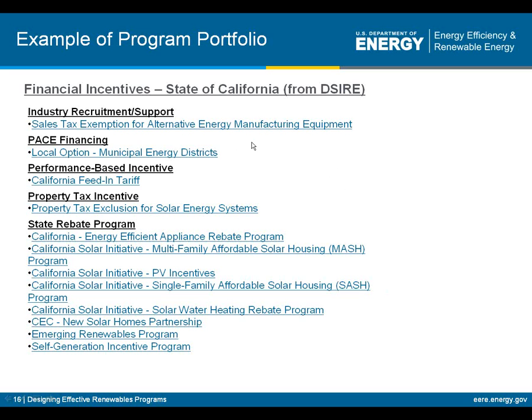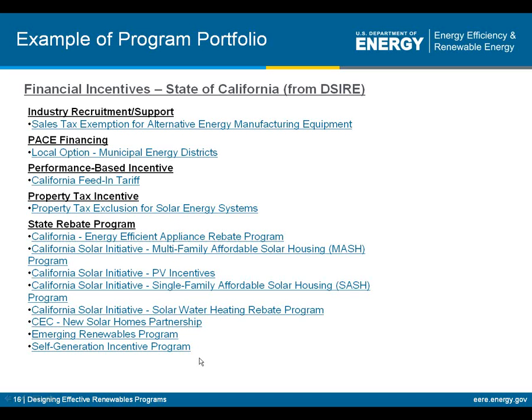So we have some industry recruitment and support here, some PACE financing, property assessed clean energy financing for these municipal energy districts. They do have a feed-in tariff that provides production incentives for larger projects and some property tax exclusions.